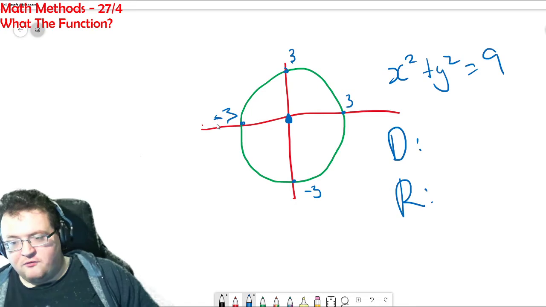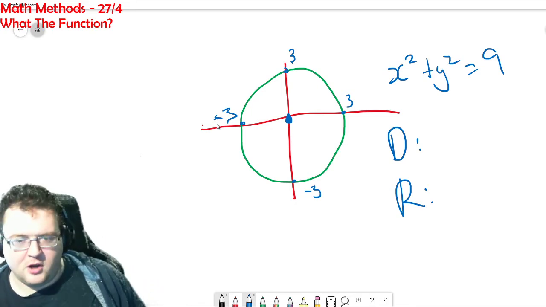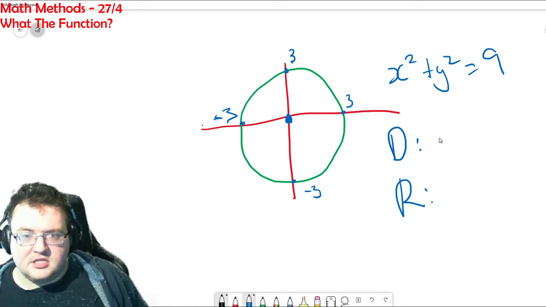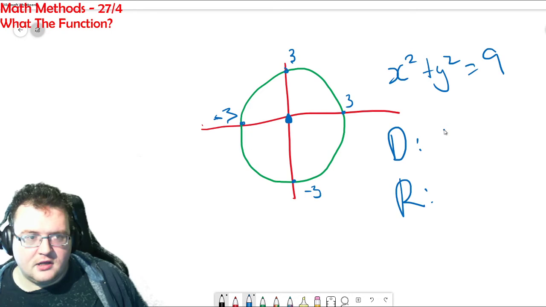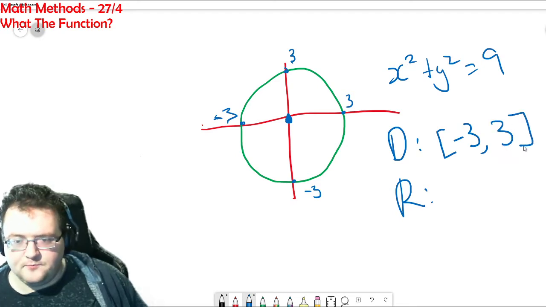You may want to try rewriting it the other way around, because remember we go smallest to largest. So in this case here, the smallest number that we have is minus 3, and the largest number that we have is 3.